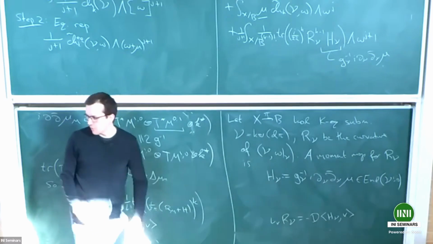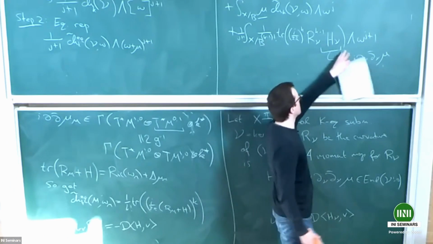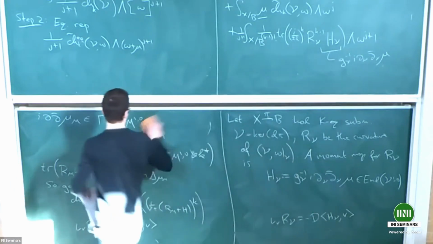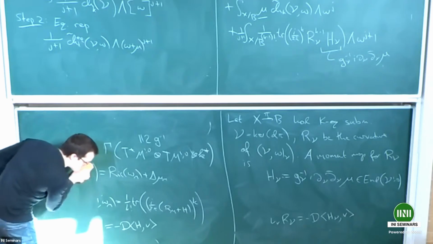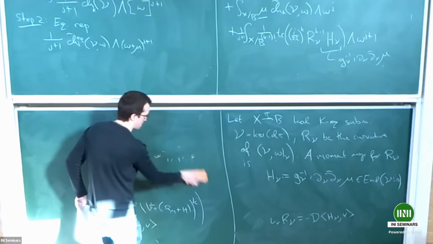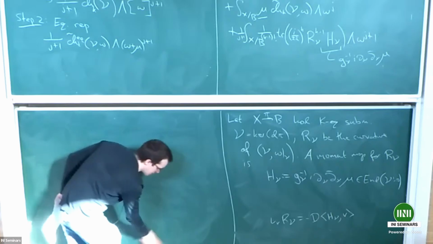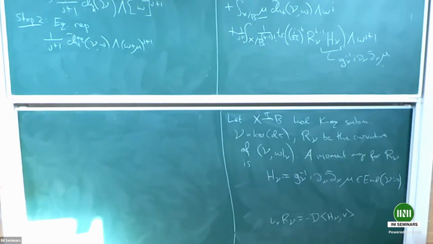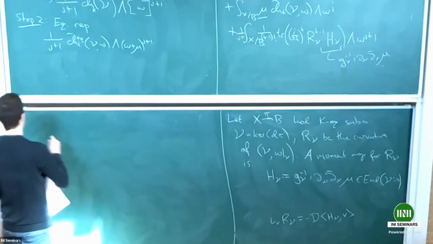So step 4 is to somehow extract mu from here. And I don't have time to do the calculation in full, but what that involves is integrating by parts, basically. Yes, now we have to deal with it, so it becomes a problem. Yeah, you need to genuinely integrate by parts and figure out what to do with this term.